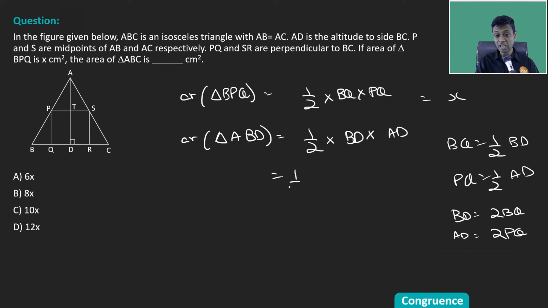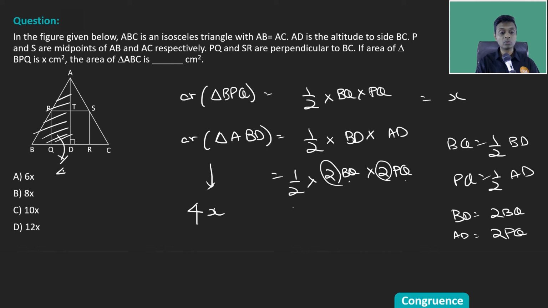So this area will be half into 2 times BQ into 2 times PQ, or this area is 4 times x. This 2 into 2 is 4. Remaining half into BQ into PQ is x. Area of triangle ABD is 4x. Area of triangle ADC will also be 4x. They are congruent triangles. So the area of triangle ABC is 8x centimeter square.